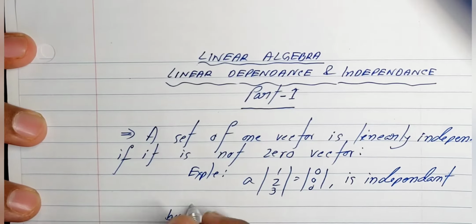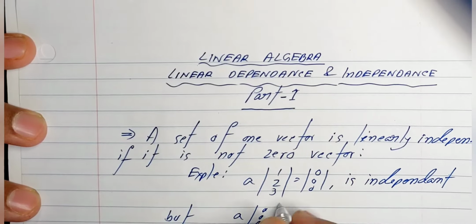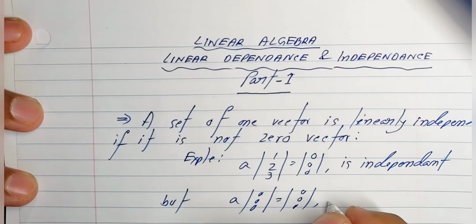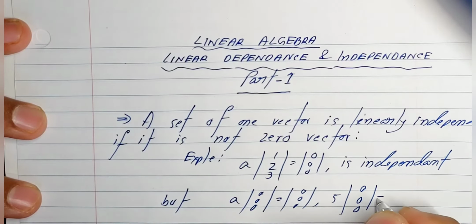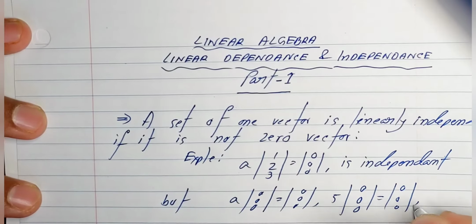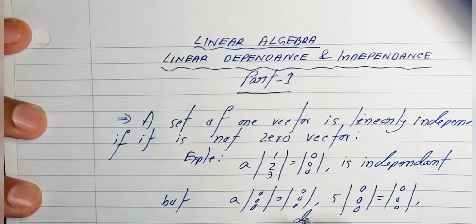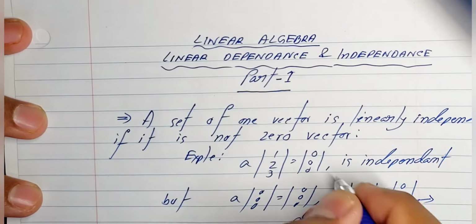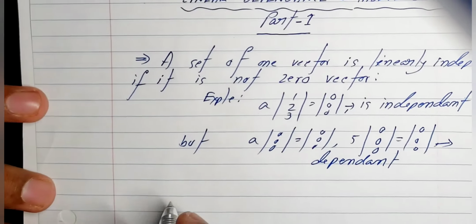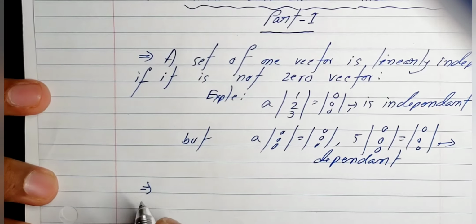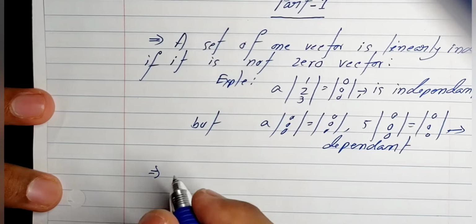But if you have a and the vectors are 0, 0, 0, for example, I take 5 as a and you have 0 vectors there, and if you solve it, you're getting zeros. That is dependent. Okay, that's condition 1.